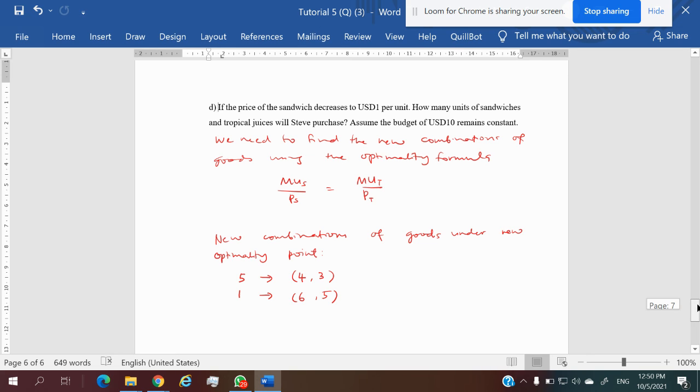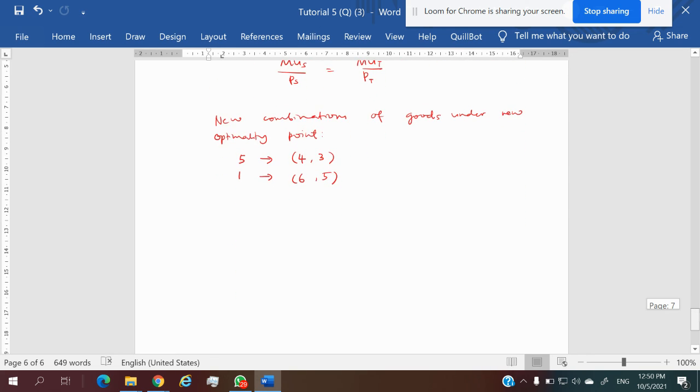Okay, so what is the combination that can maximize our satisfaction? Remember, the income level is $10. So the budget line at equilibrium is, the formula is PS times S plus PT times T for tropical juice equal to your I. That's now $10.